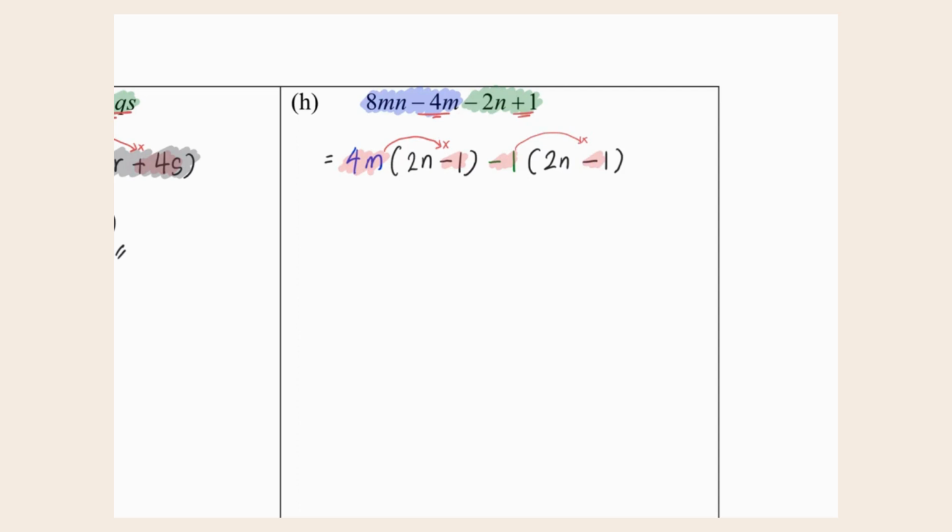Negative 1 times negative 1 is positive 1. And from here, I could then get that 2n minus 1 is my common factor, and I'm left with 4m minus 1.